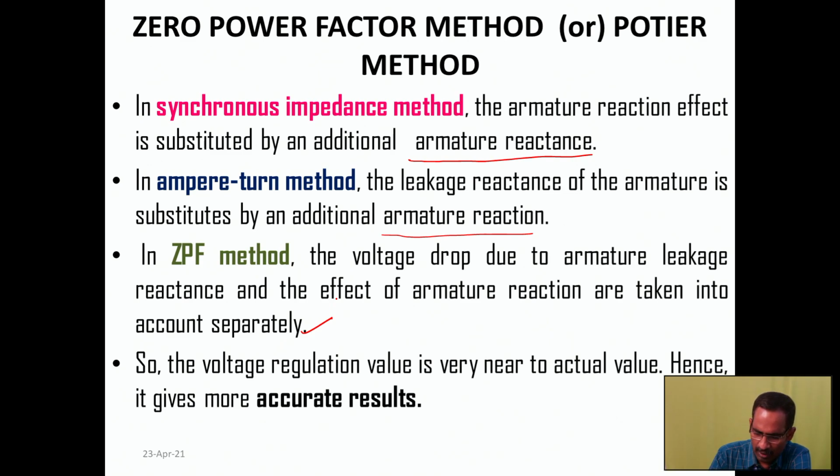So we will get a voltage regulation value which is near to the actual value. Hence, it gives a more accurate result.